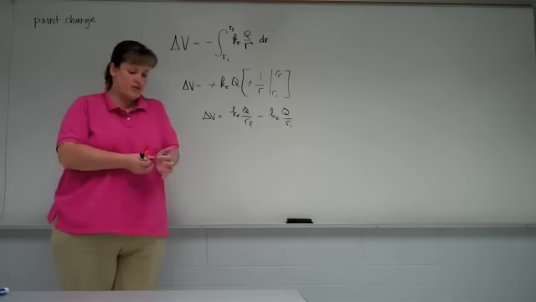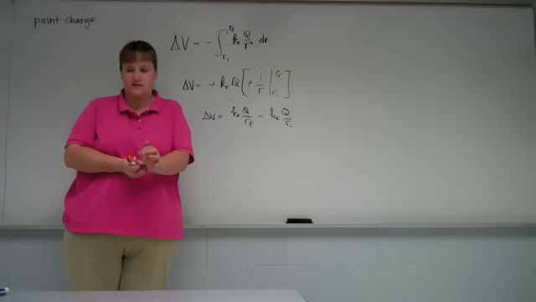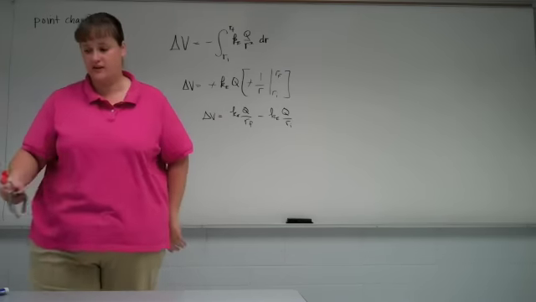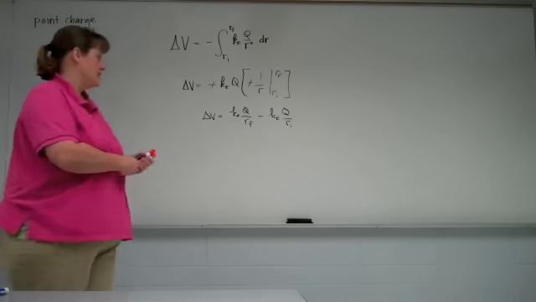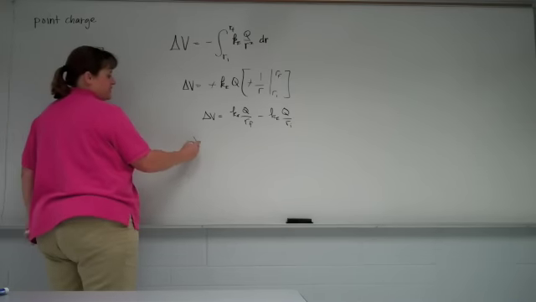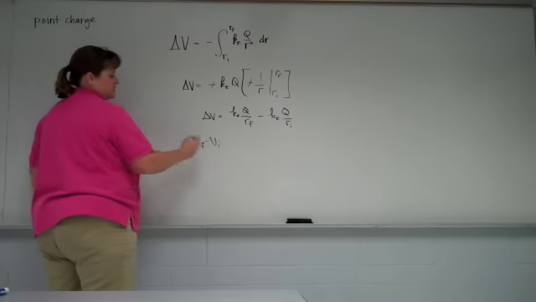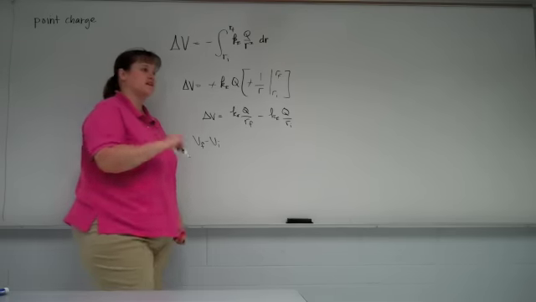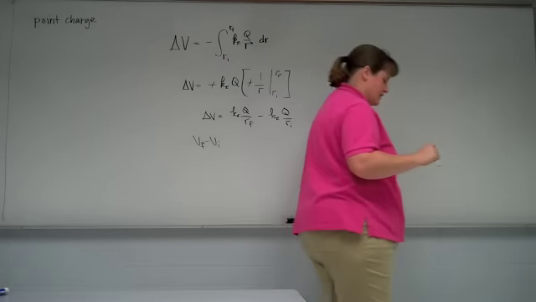Now, to know the value at a given point, we need to know the value at another point, because delta V represents V final minus V initial. If we know one of them, we can easily find the other.